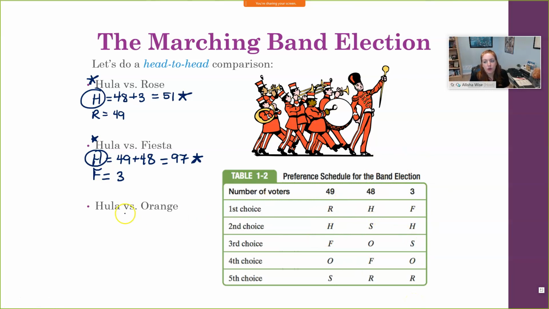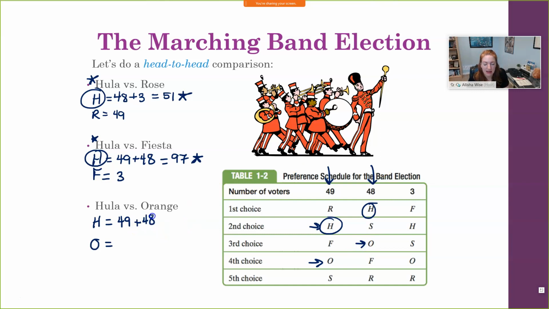So let's do hula versus orange and see who wins. You can probably guess who's going to win. But hula versus orange, who wins the first column? Hula. I'm assuming they're going to Hawaii, and who wouldn't want to go to Hawaii? Everybody should have that as their first choice. Hula, yes, hula will win over orange in the second column as well.